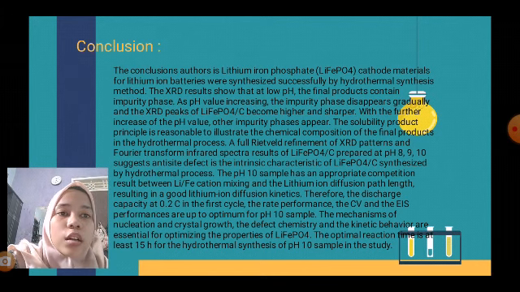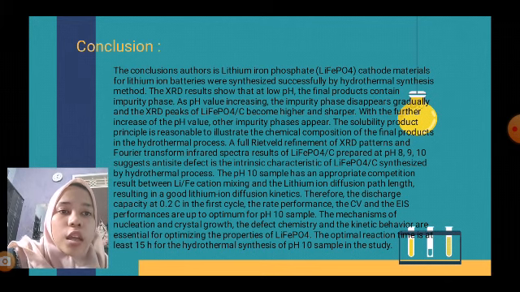A full Rietveld refinement of XRD patterns and Fourier transform infrared spectra results of lithium iron phosphate C prepared at pH 8, 9, 10 suggest the intrinsic characteristics of lithium iron phosphate synthesized by the hydrothermal process.